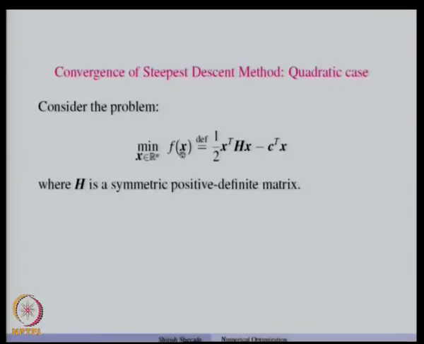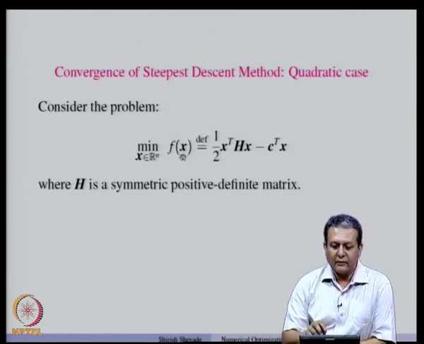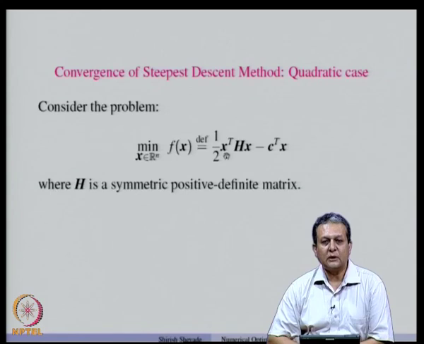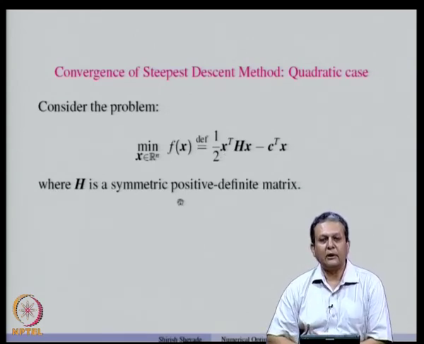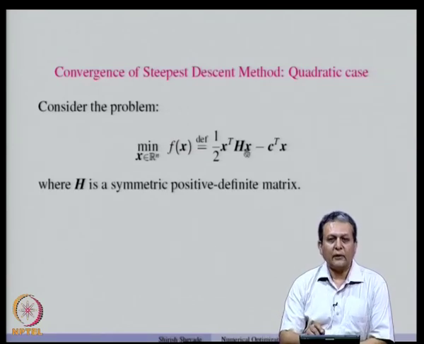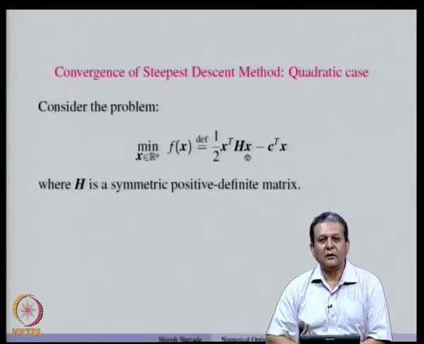So, let us consider the problem to minimize f of x, where f of x is defined as half of x transpose H x minus c transpose x, and H is a symmetric positive definite matrix. So, this is a convex quadratic function.